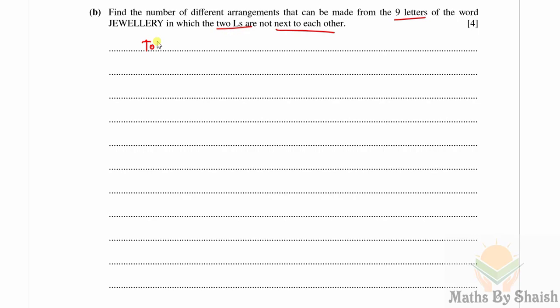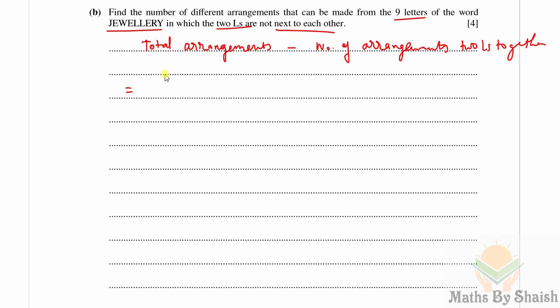So total number of arrangements minus the number of arrangements with 2 L's together.